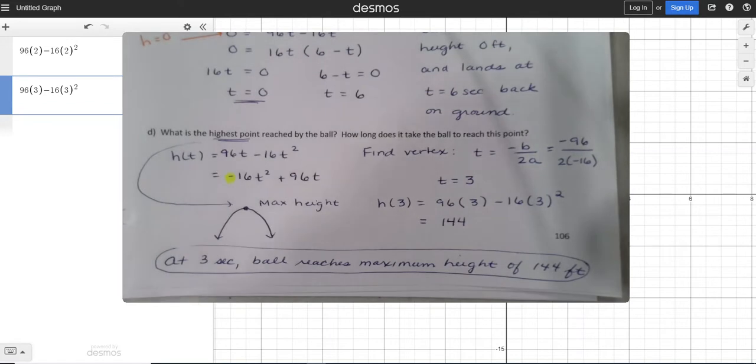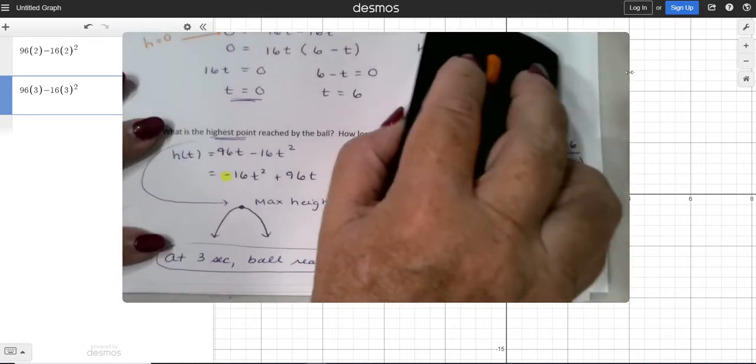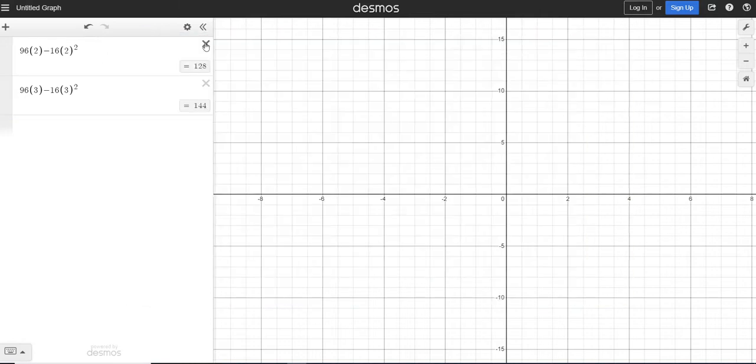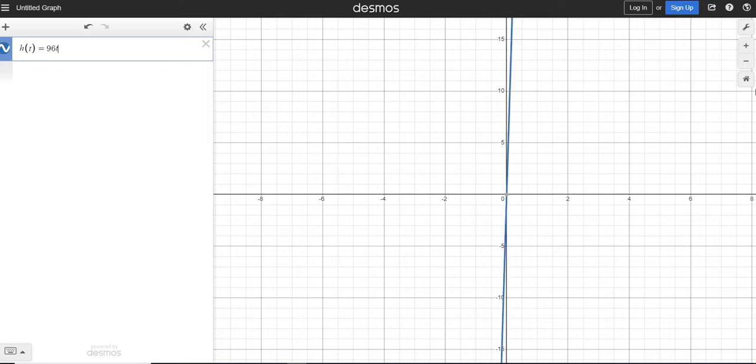All right, I'm going to go ahead and graph this height function, and let's just see if we can really quickly verify all of our answers here. So my height function was 96t minus 16t squared.